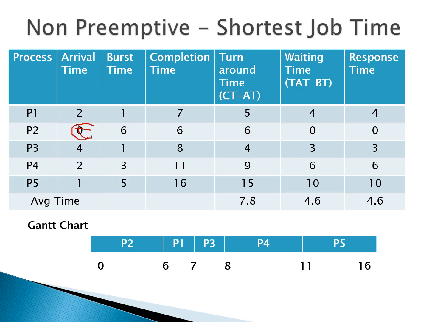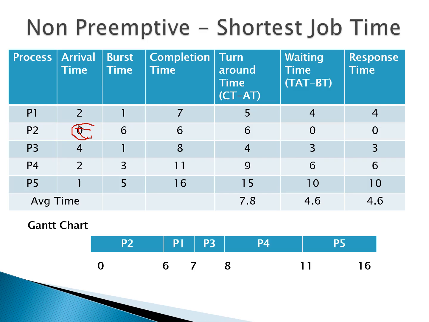And when it finishes the execution of P2, you can see that the other processes have entered during that time. P1 has entered, and similarly P3 has entered at 4, P4 has entered at 2, and P5 has entered at 1.